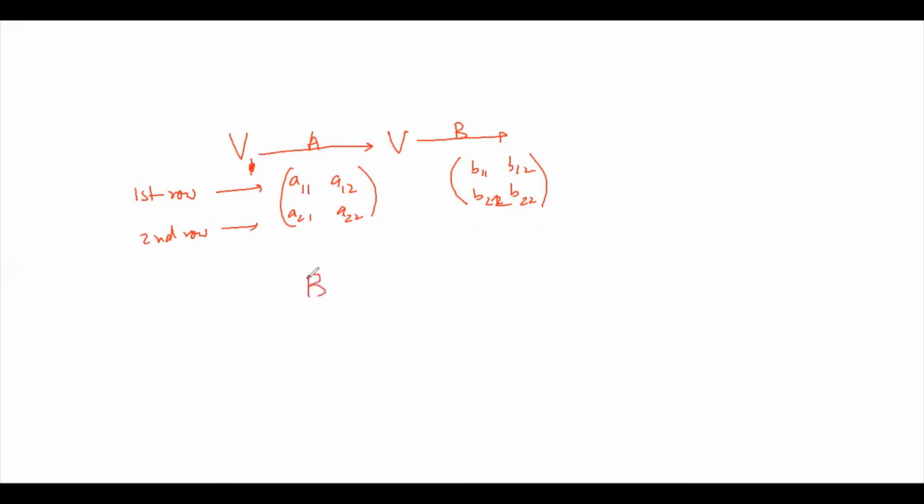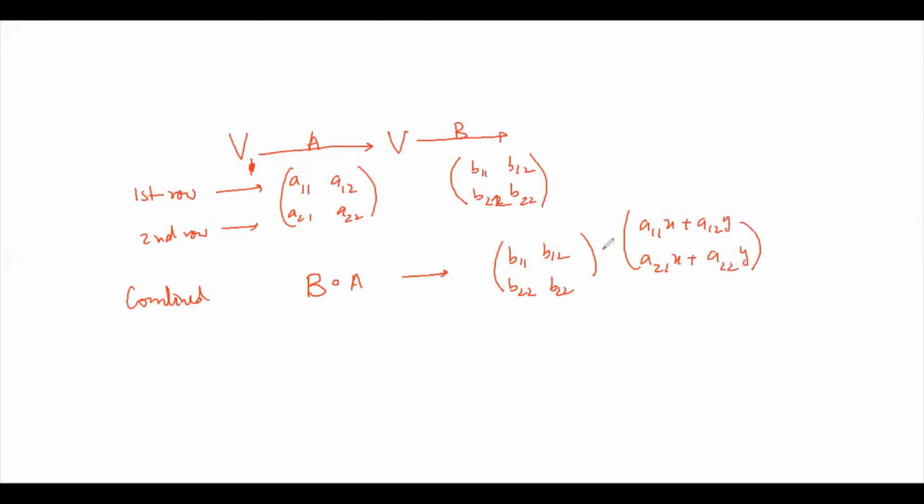Now, there must be a combined transformation. A followed by B is a transformation that does what? So that acts B11, B12, B21, B22 on A11x plus A12y, A21x plus A22y, and this is now a two by two matrix acting on a column vector.